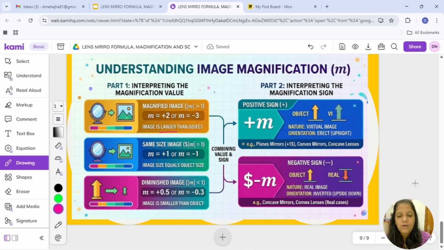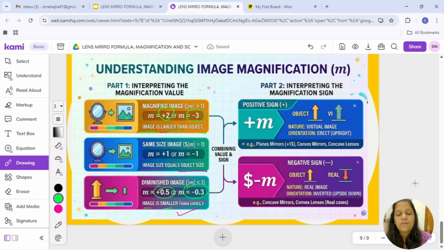If m is equal to +0.5 or m is equal to -0.3, then the image is smaller than the object. You can learn these three cases. Whenever the value is 1, the image size is equal to the object size. If the value is less than 1, the image will be smaller than the object. And if the value of m is more than 1, I'm talking about the values right now, then the image will be larger than the object.